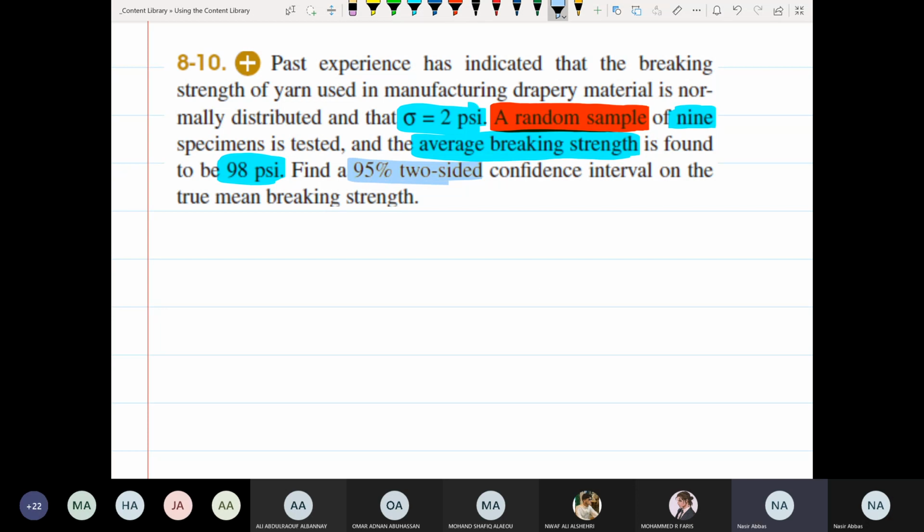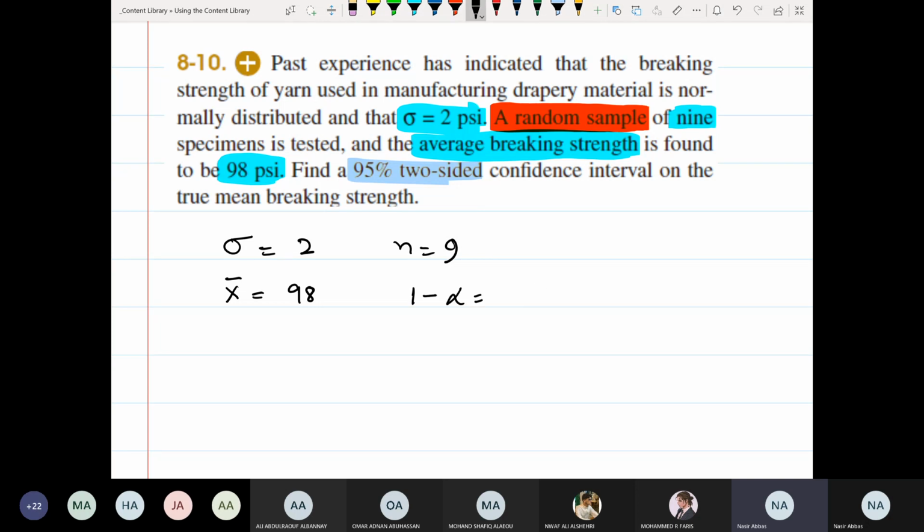So 1 minus alpha is 0.95. So let me write all the important pieces of information. My sigma is 2, my n is 9, my x bar is 98, and my 1 minus alpha is 0.95. Let me change the value of 1 minus alpha so that we can work with another value.